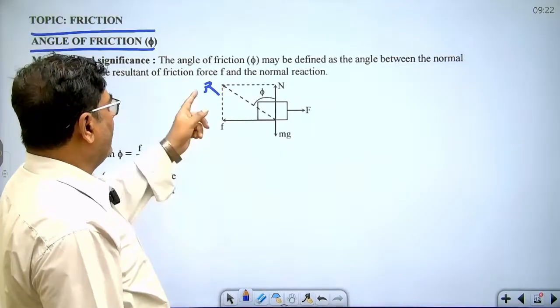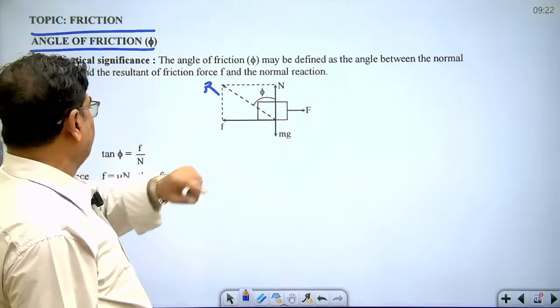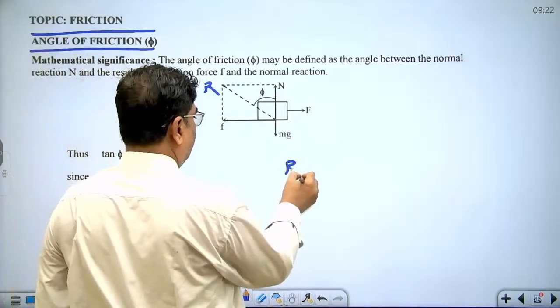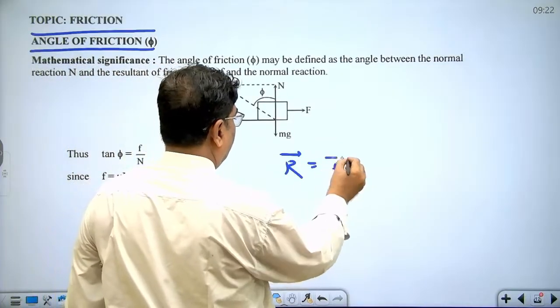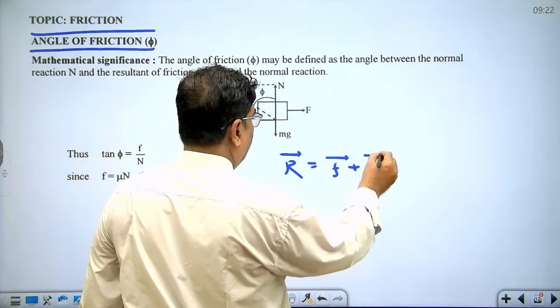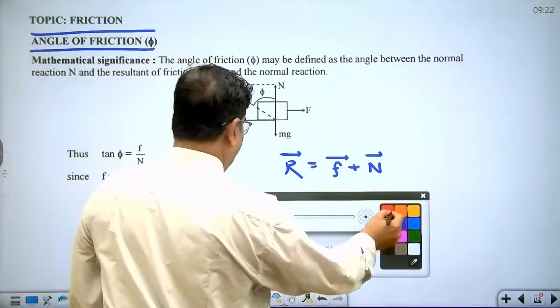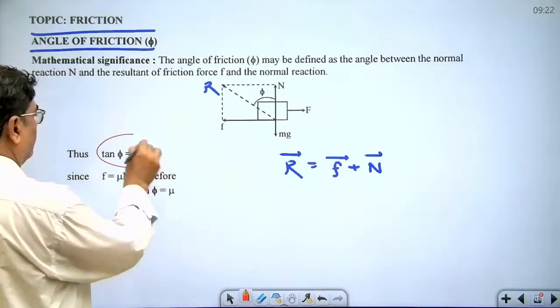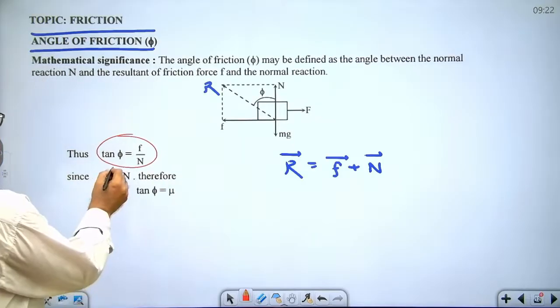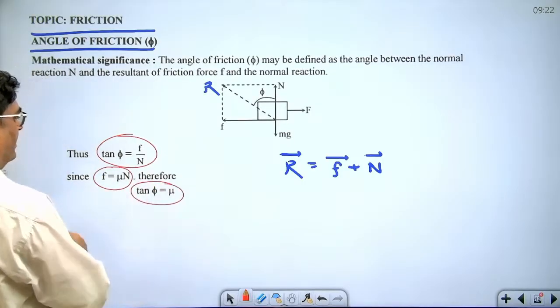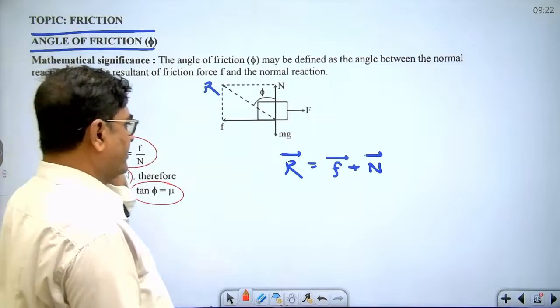The angle made by the resultant of frictional force and normal reaction is the angle of friction, which we write as tan phi equal to f upon n, and f equal to mu into n. So tan phi equal to mu. Okay, this is angle of friction.